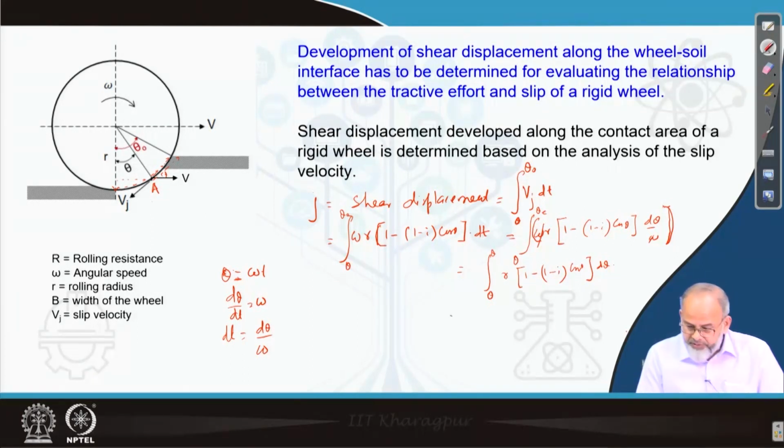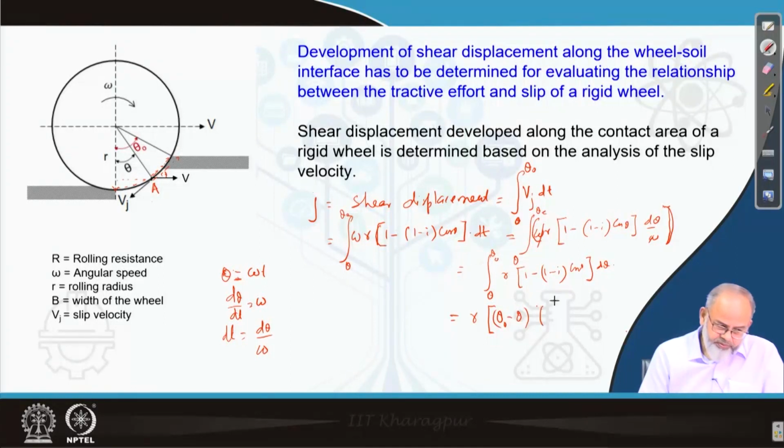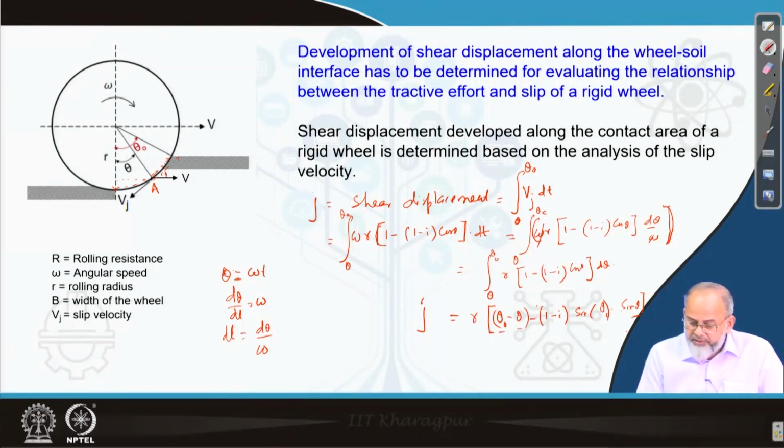So that means the final expression will be r into theta 0 minus theta, minus I sin theta 0 minus sin theta. This will be the final expression for displacement. So theta 0 is the entry angle and theta is the point at which you have considered.